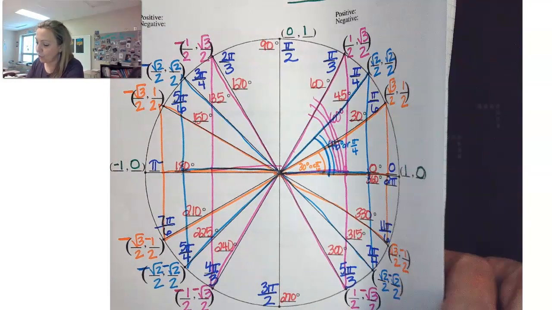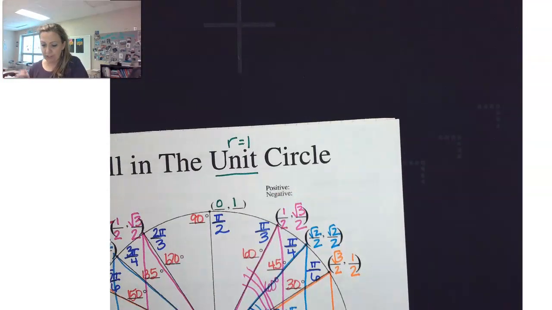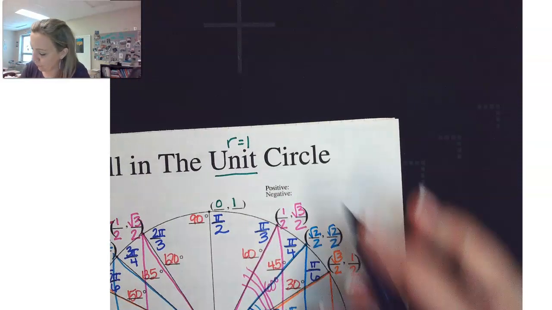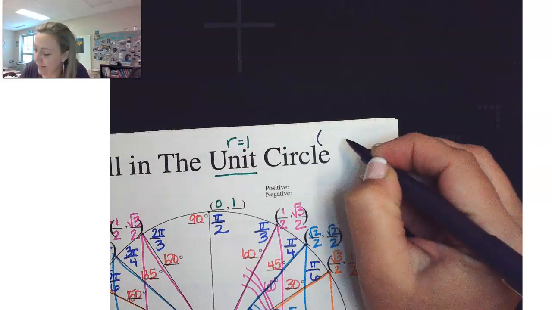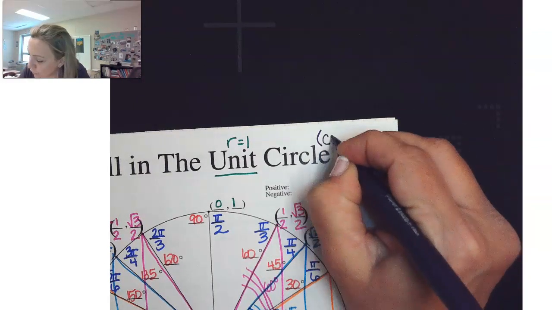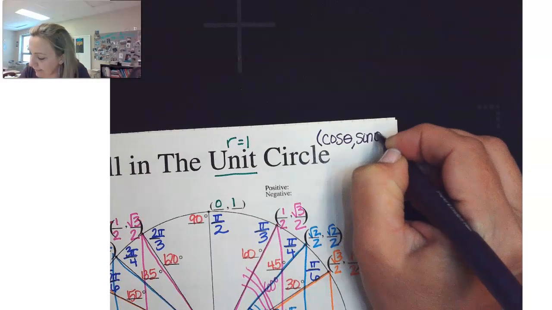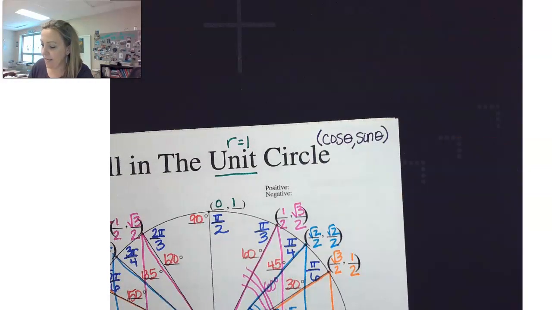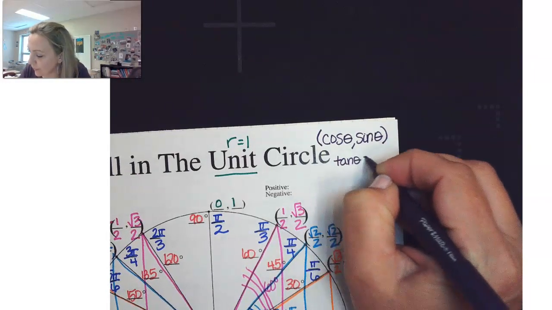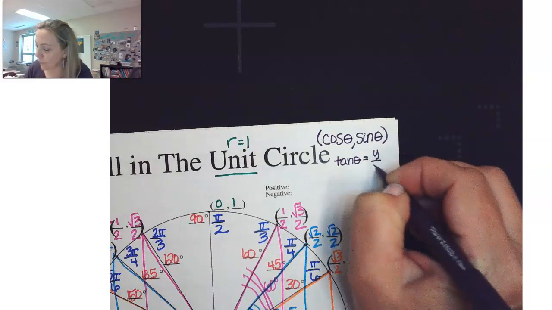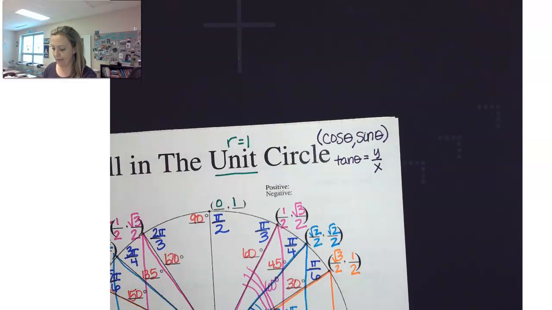On the unit circle, remember that our ordered pairs are always in the form, for the whole unit circle, as we said the other day, x coordinates are cosine theta and y coordinates are sine theta, okay? And to find the tangent of theta, we take y over x. So we're just going to use that idea today, okay?